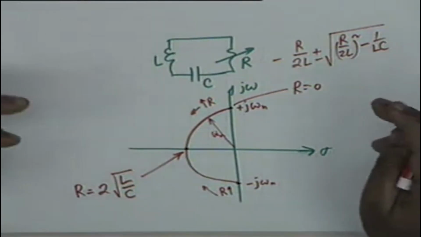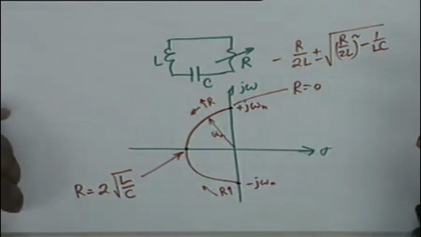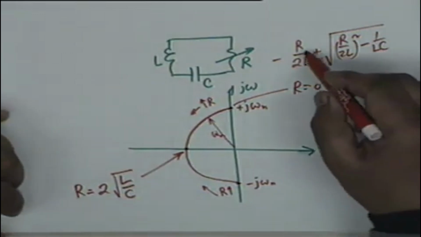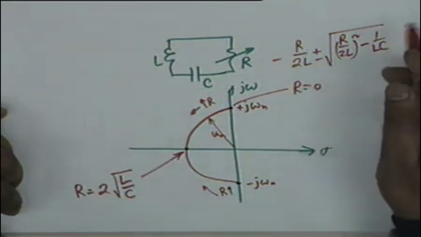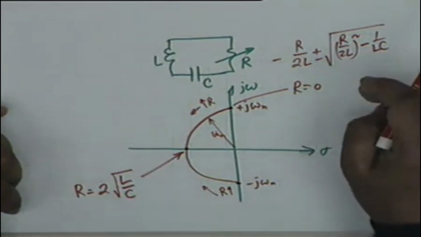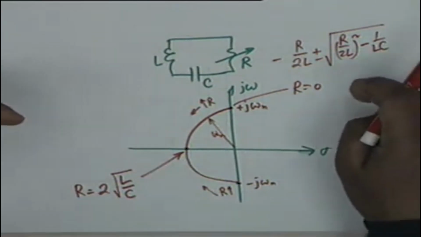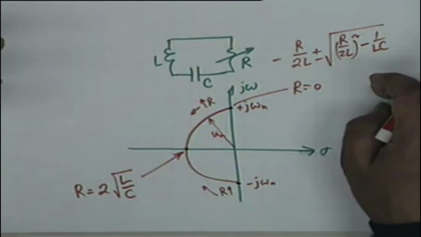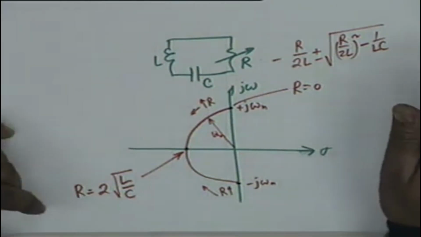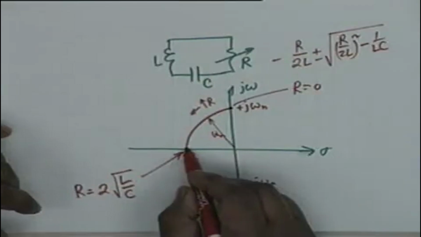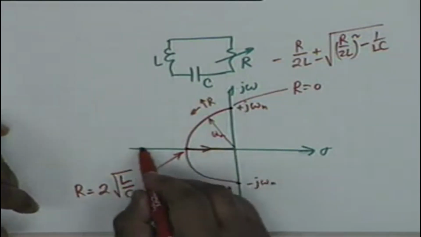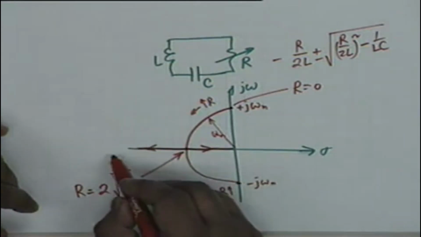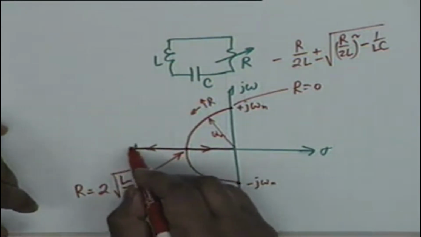Now when resistance increases further, this minus R by 2L is either added to a quantity less than it or subtracted, that is a negative quantity which is less than it is added to it. What does it mean? It means that one of the roots goes towards the origin and the other root goes towards infinity.